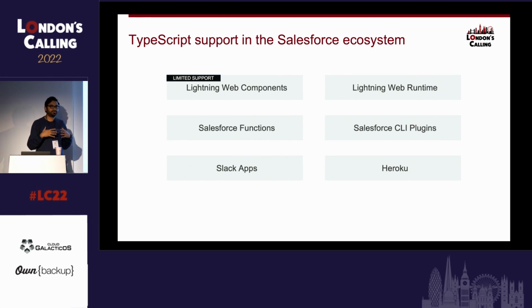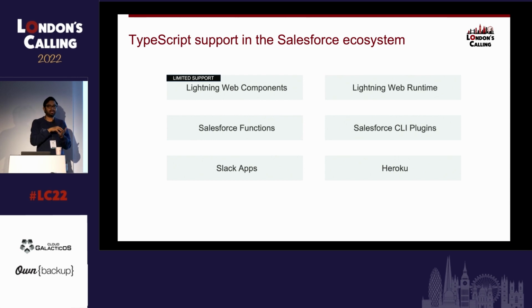And when it comes to enforcing types in Lightning Web Components, you cannot enforce types between an HTML and a JS file. For example, you are creating a parent-child relationship between two components, and you're trying to pass a public attribute from the parent to the child. That cannot be enforced using types.